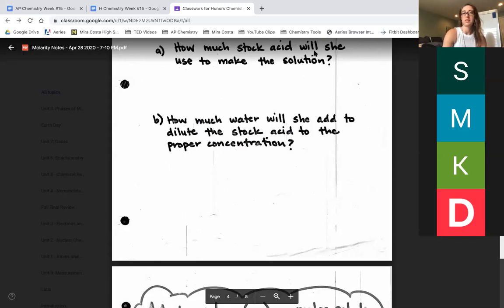So think of it this way. Let's try this. Okay. Let's say here's my container, right? Let's pretend it's my 500 milliliter flask.